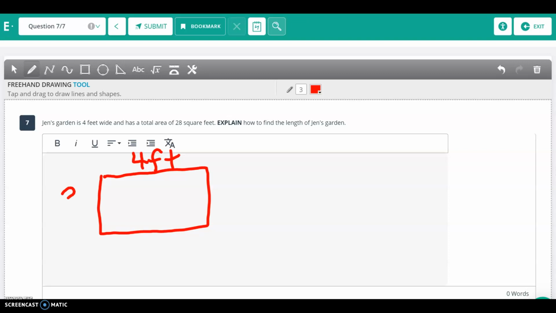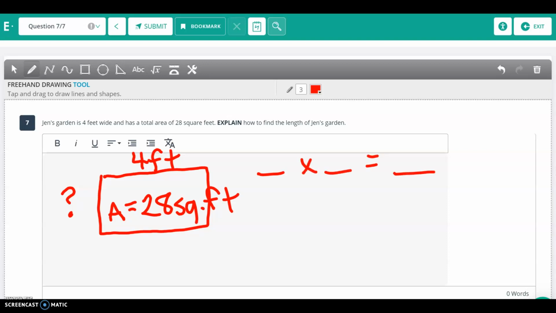I don't know how long it is, but I do know that the area, the inside of the object, is 28 square feet. Now I can fill out length times width equals area. What do I know? Well, I know that the width is 4 feet, and I know the area is 28 square feet.